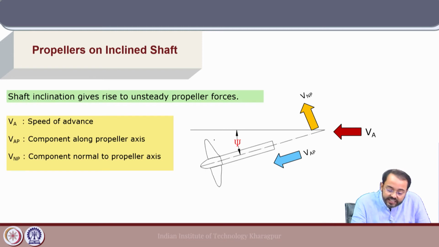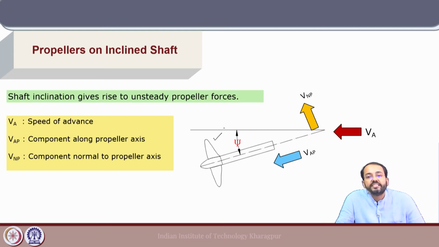Let us take a propeller here which is inclined at an angle psi with respect to the horizontal. Now, as the shaft of this propeller is inclined, we have VA as the velocity of advance based on the ship speed and the wake fraction.